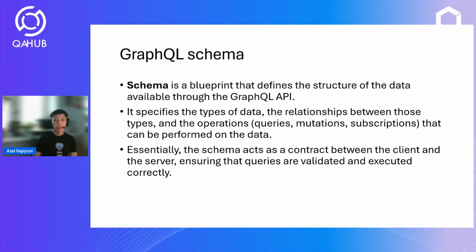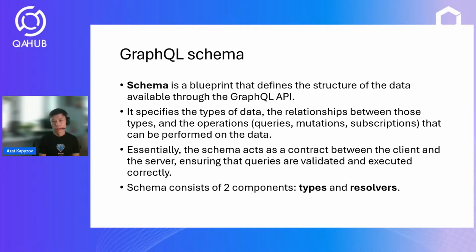Essentially, the schema acts as a contract between the client and the server, ensuring that queries are validated and executed correctly. The schema consists of two components, types and resolvers, that we are going to investigate right now.